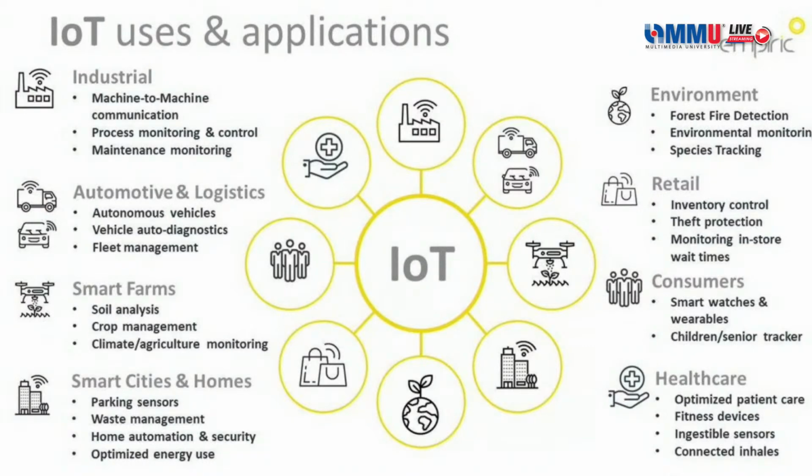Then we have the automotive and logistics sector, where we can see autonomous vehicles. A simple example is a Tesla car, which is an IoT application in the automotive sector.